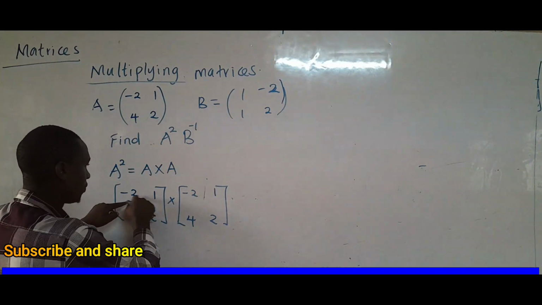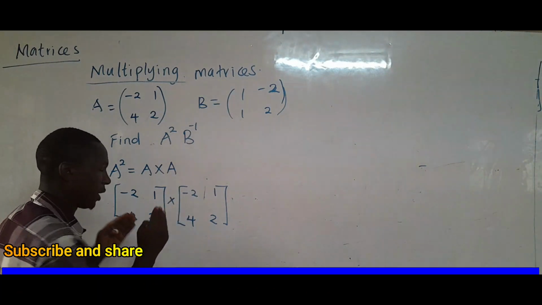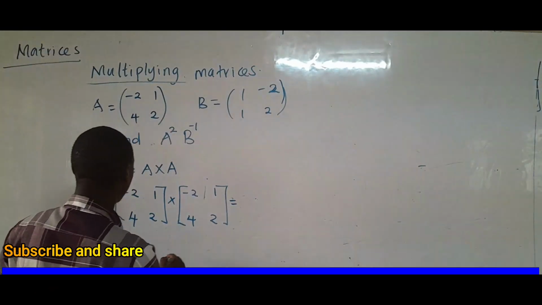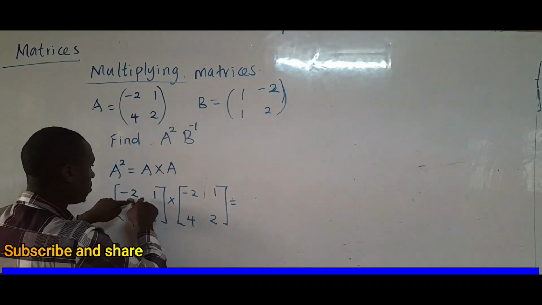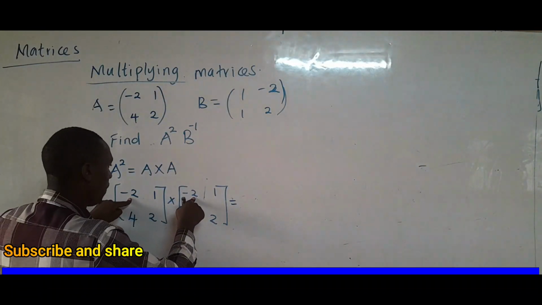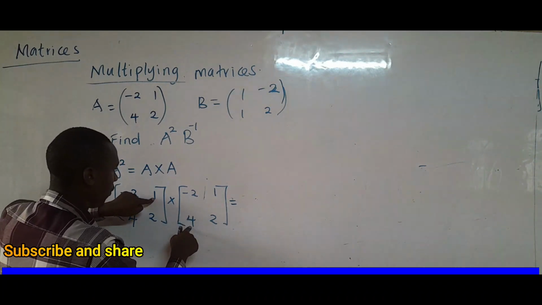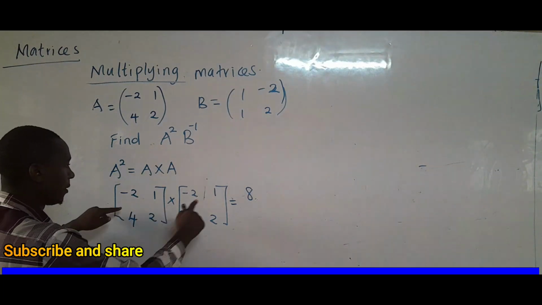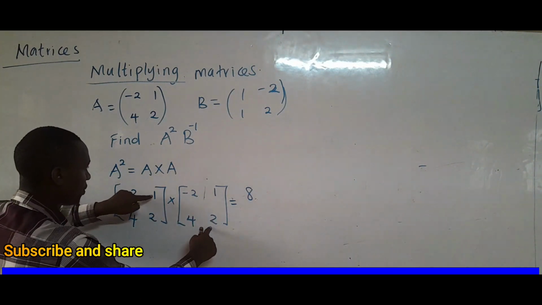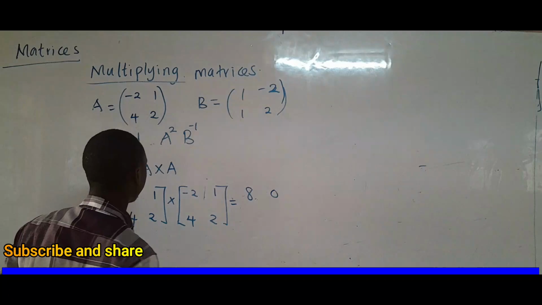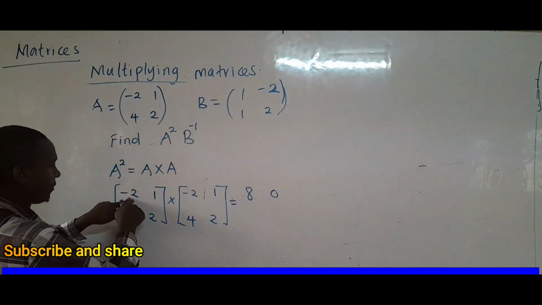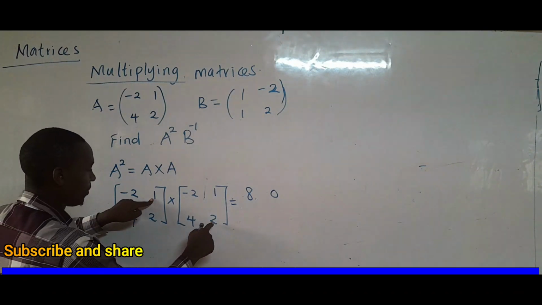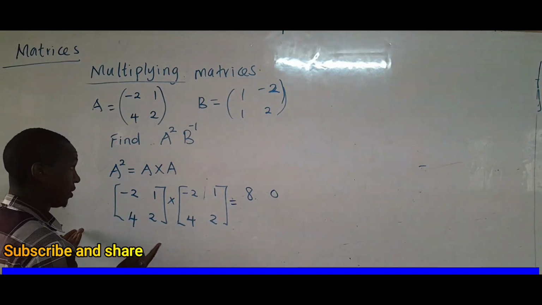And of course we can multiply the first row with the first column, and we add the respective elements. We have done that before, so that's going to be -2 multiplied by -2 is 4, we add that to 4 is going to be 8. Then -2 multiplied by 1, and then we add that to 2 multiplied by 1, which is 0.